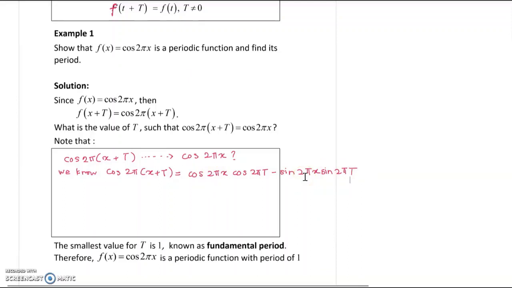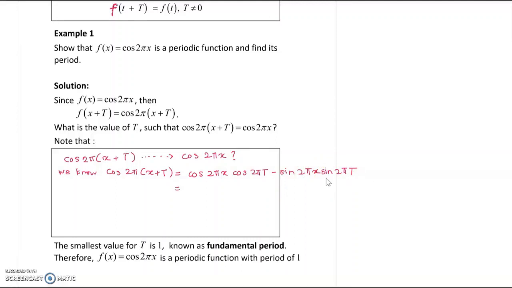So if we look at the right hand side here, it will be equal to cos 2 pi x if this part here is 1 and this part here is 0, because we want to show that this is periodic.